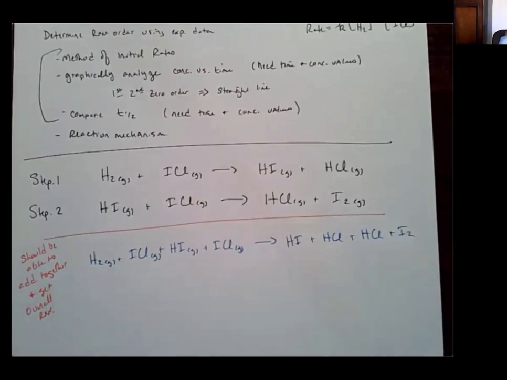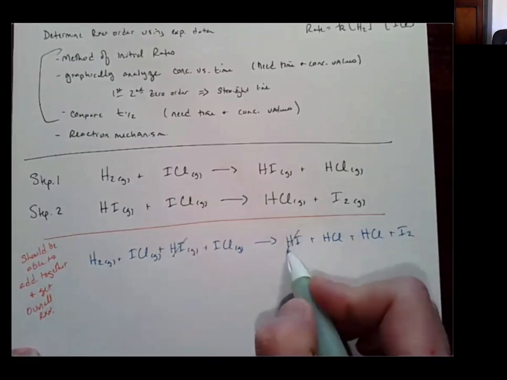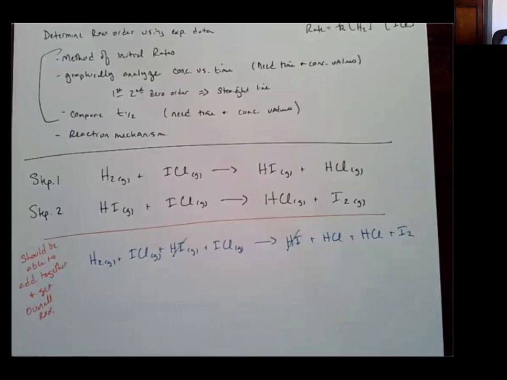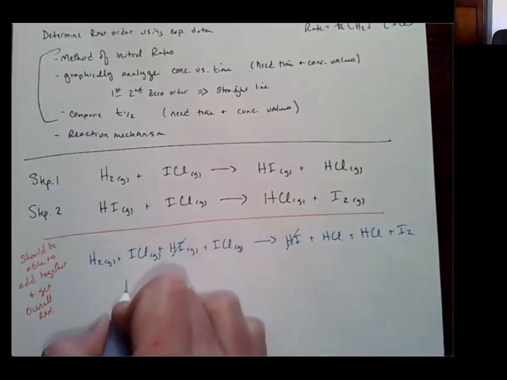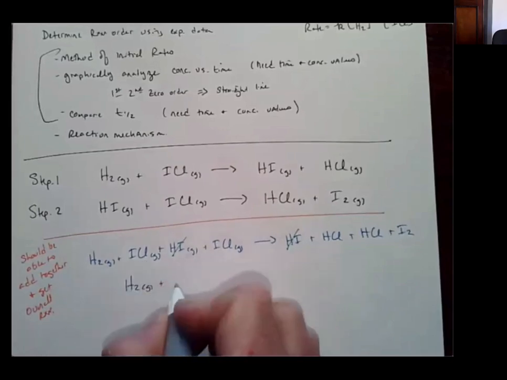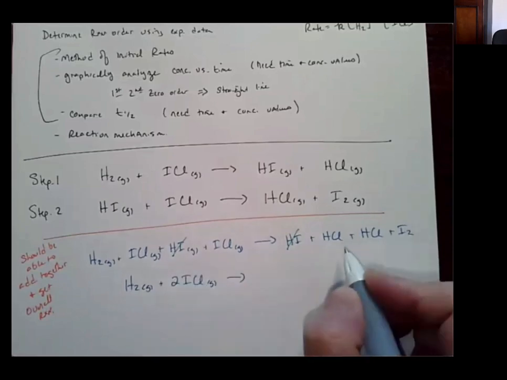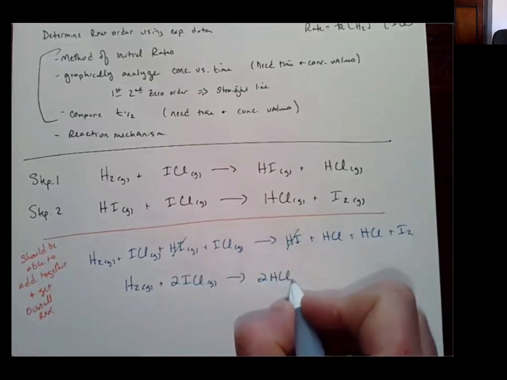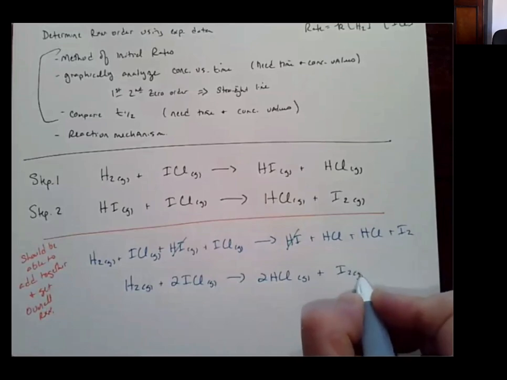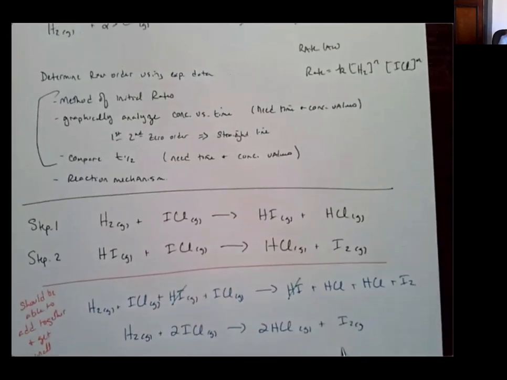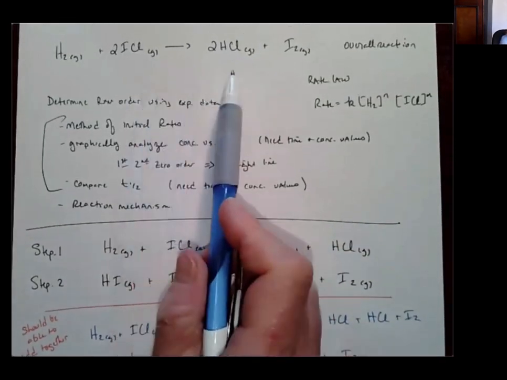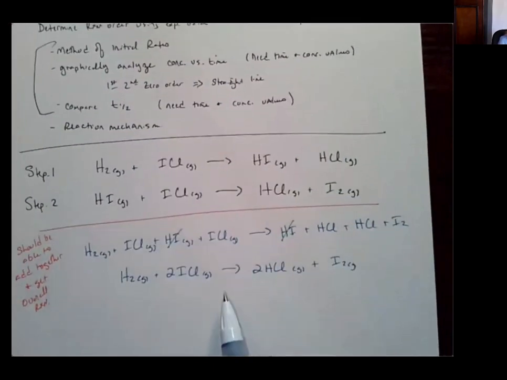Then I'm going to look to see if there's things on both sides that will cancel out. So here I have HI on both sides, so I'll cancel that out, and then I'm going to add these together. So I'm going to end up with H2 plus 2 ICl goes to 2 HCl plus I2. And then if I did this right, this will equal my overall reaction. So these are viable steps because they sum up to my overall reaction.